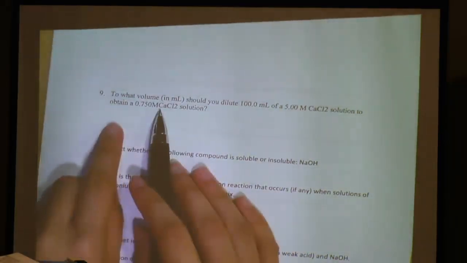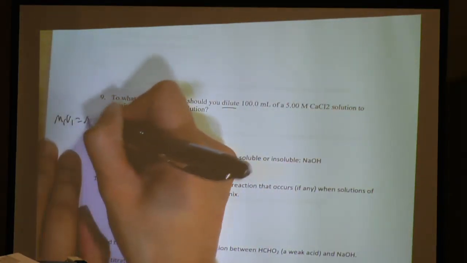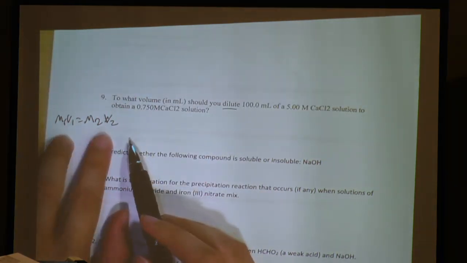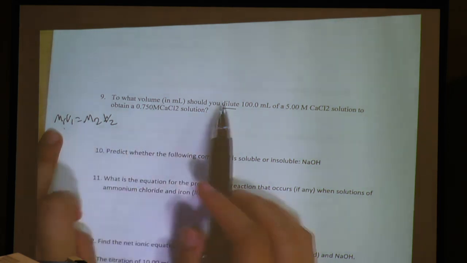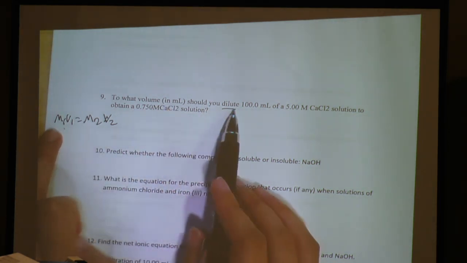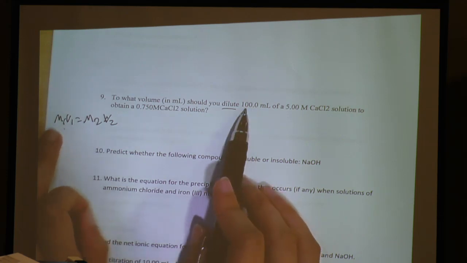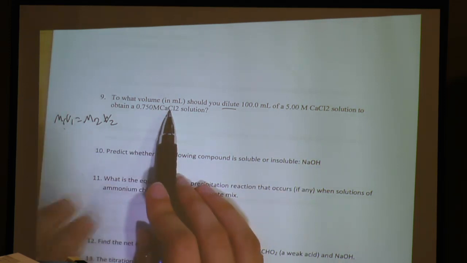So what we do here when we see dilute is M1V1 equals M2V2. M is for molarity, V is for volume. So what volume should you dilute 100 milliliters of this much to obtain this?